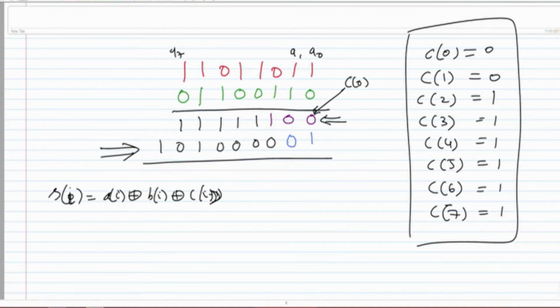So, if I know Ci, I can get Si immediately. So, how quickly we calculate Ci is the important problem. If I calculate Ci very fast, then I will get the sum bits correctly.